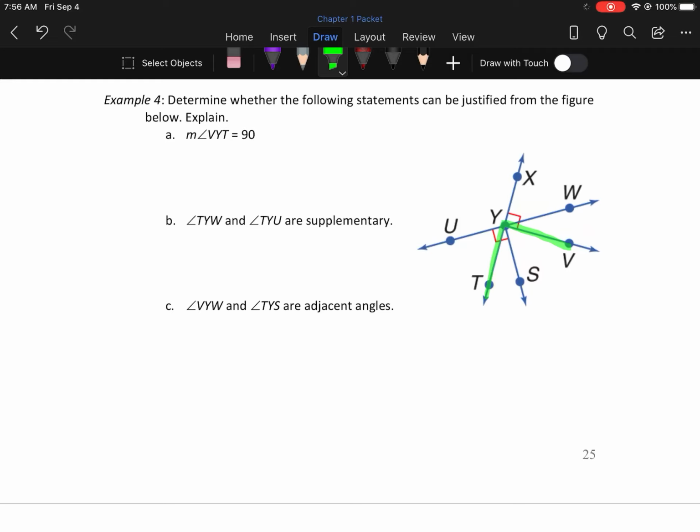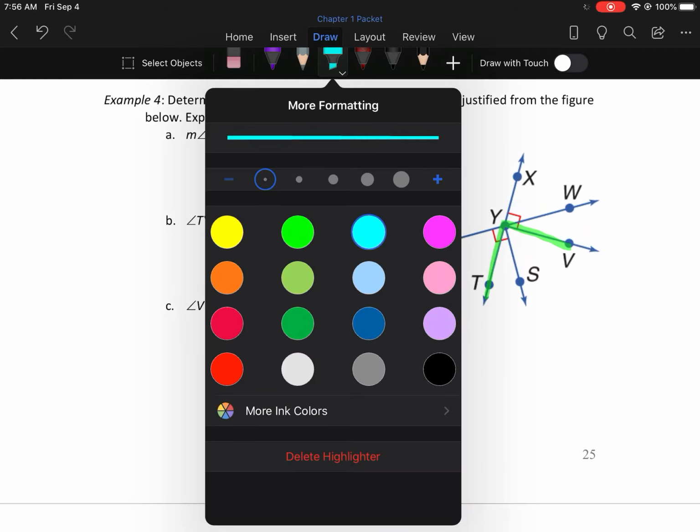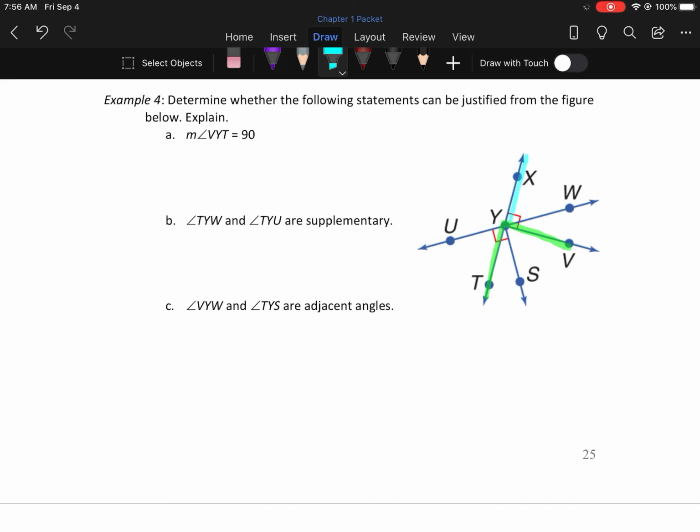What I do notice is that the angle that's adjacent to it, which, let me get a different color, is XYV, they did say that that was 90 degrees. And XYT is a straight line or two opposite rays, so that must make that all 180 degrees. So this right here must also be 90.